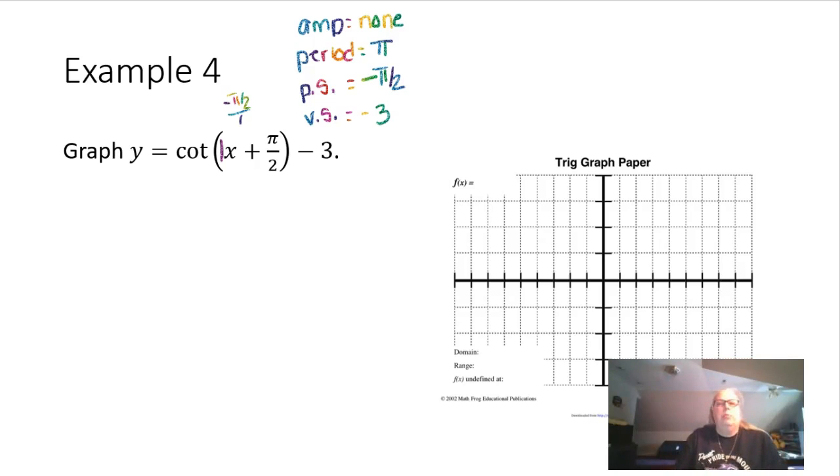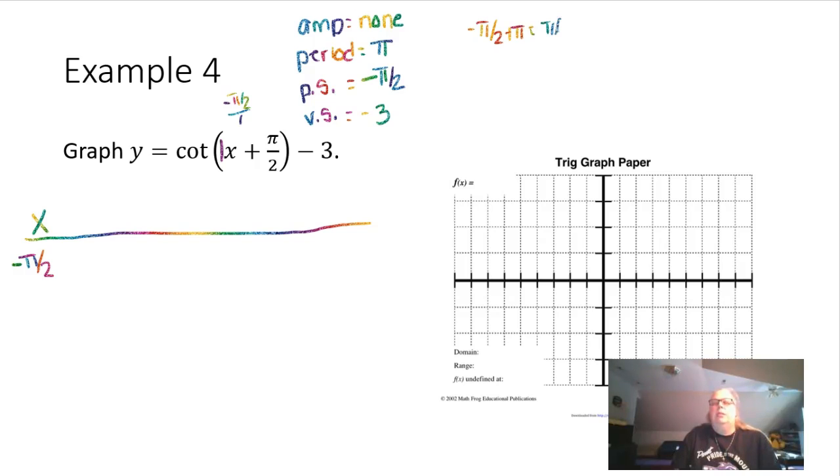All right, let's go and pick our angles. The cotangent is going to have the same key angles that the tangent had. So I'm looking for 0, pi over 4, pi over 2, 3 pi over 4, and pi. We are going to start this one at negative pi over 2. And we want that period to be pi, so negative pi over 2 plus pi is going to give me positive pi over 2.